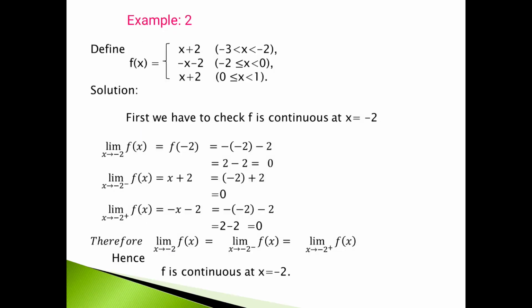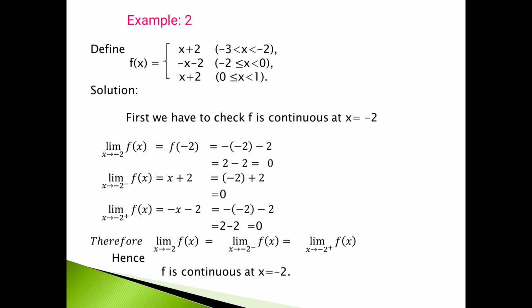Now, let us see example 2. Define the function f(x) equal to x plus 2 if minus 3 less than x less than minus 2. Second one, minus x minus 2 if minus 2 less than or equal to x less than 0. And third one, x plus 2 if 0 less than or equal to x less than 1. Solution. Here, first we have to check the continuity at x equal to minus 2, because here the total interval is the open interval (minus 3, 1).